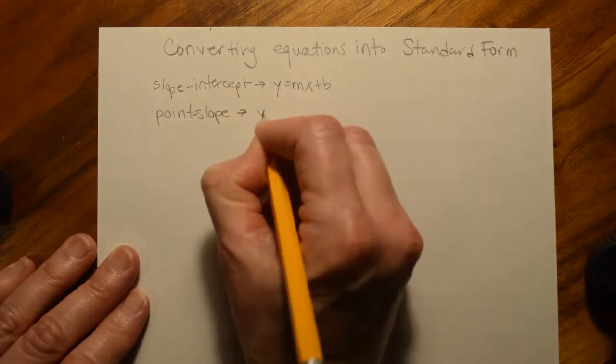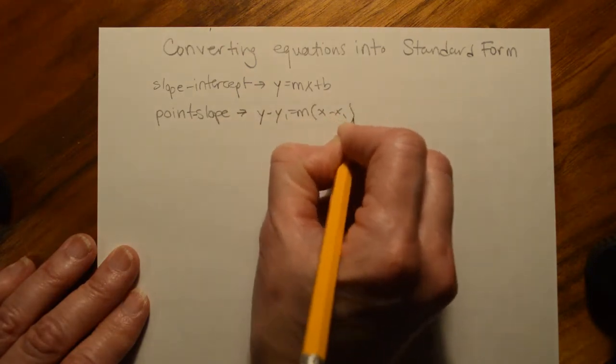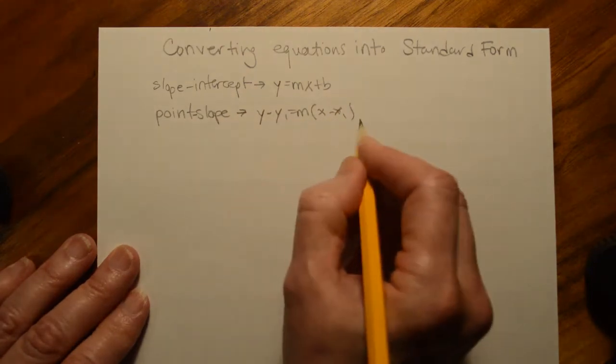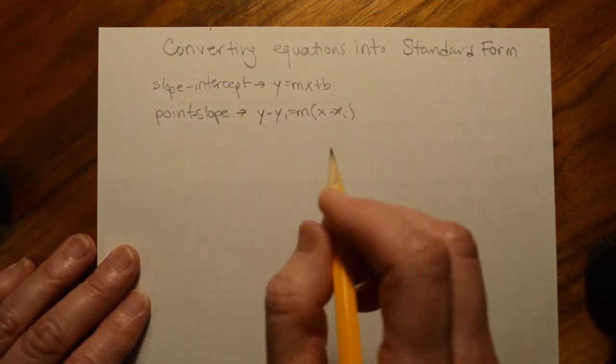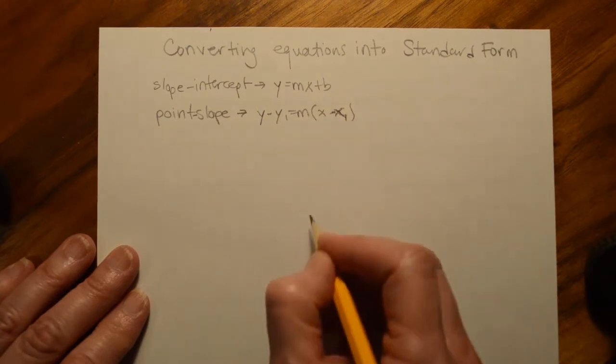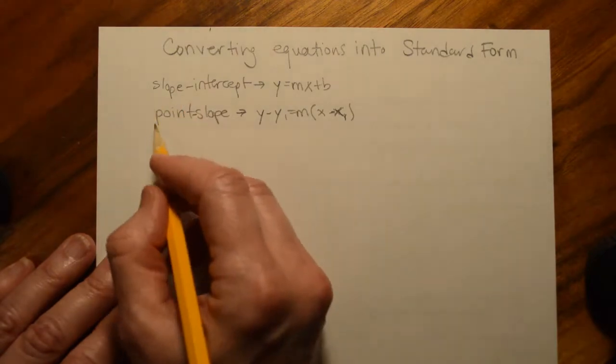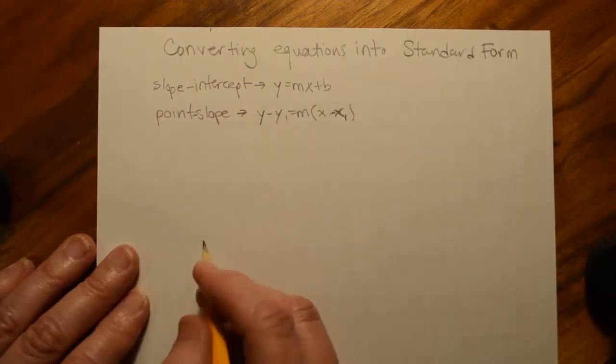And that is the y minus y1 equals m times x minus x1. And both of these equations are very good for if we're asked to write an equation, right? So if the directions say, write the equation of the line that has these properties, these are the two that we would start with, right?